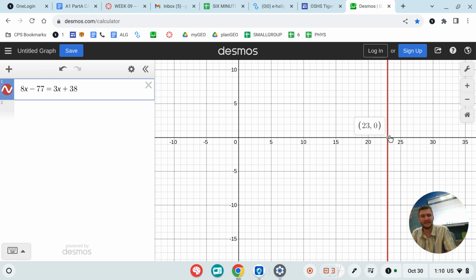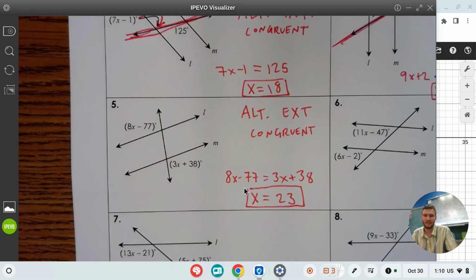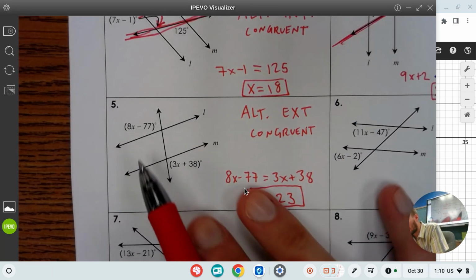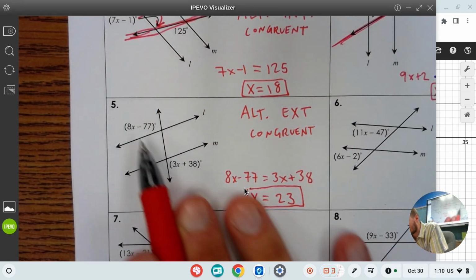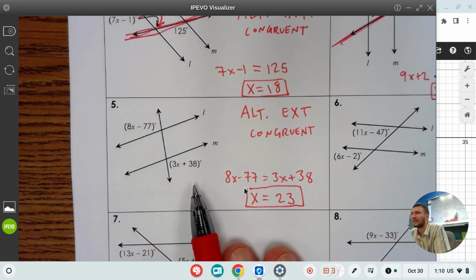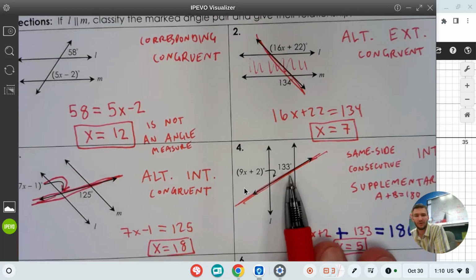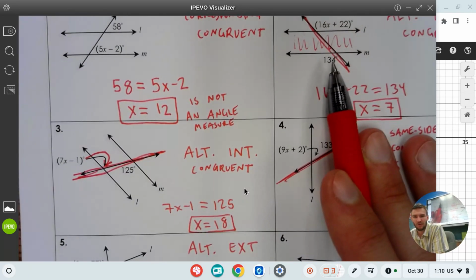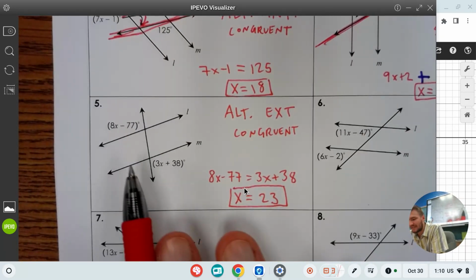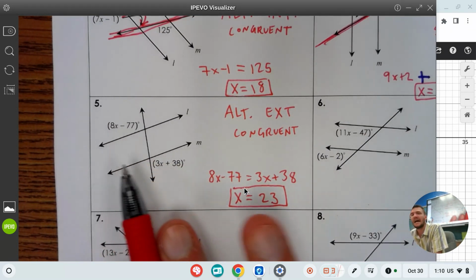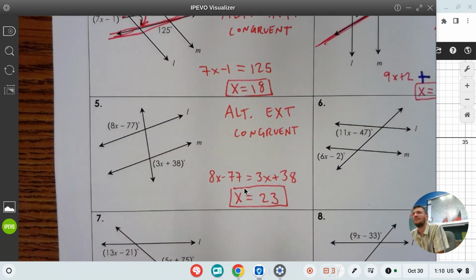Now, this is a question. Again, we got 5 minutes to lunch, so we're moving. This is a question where we haven't received either of the angles straight up, right? It didn't say this one was 133, or this one's 134, or this one's 125. Technically, we still haven't found any of these angles before.